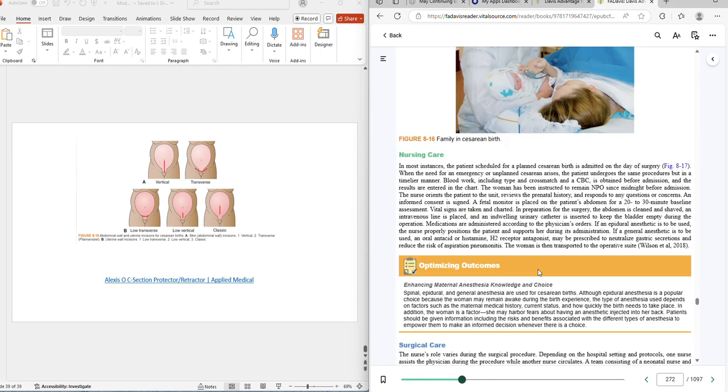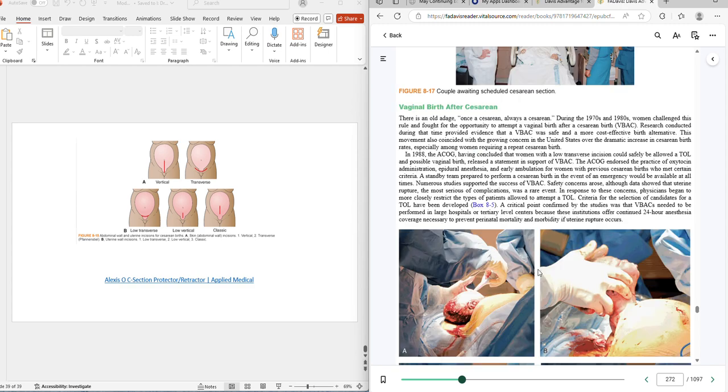VBACs. So let's talk about what is a VBAC. It's a vaginal birth after cesarean. So hospitals have to be licensed and having their policy to do VBACs. Several hospitals I've worked in have done it, and then they take it away according to their lawyers.